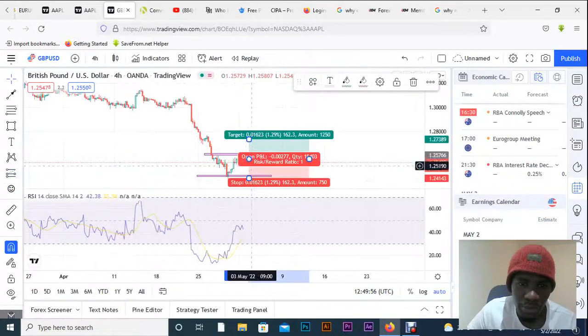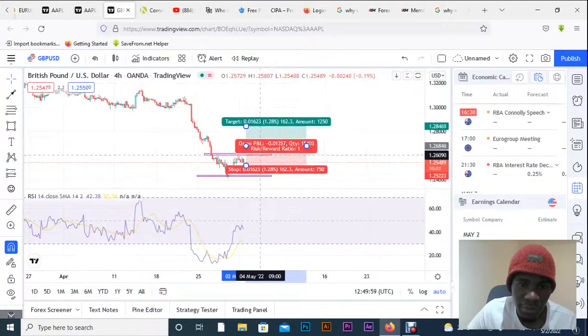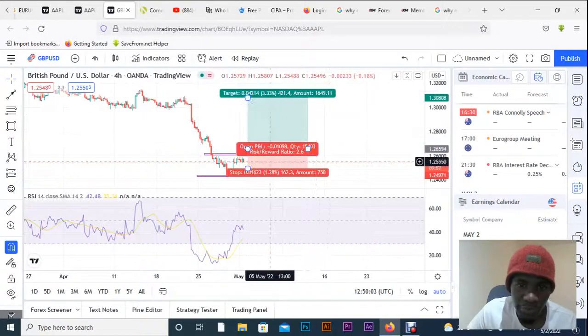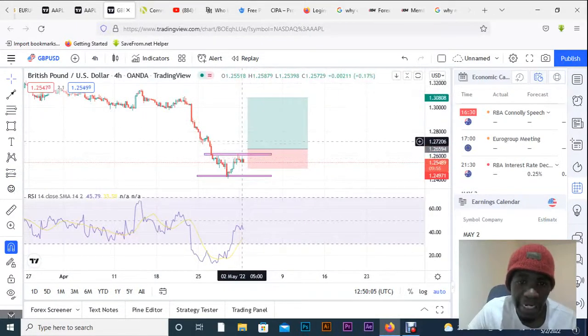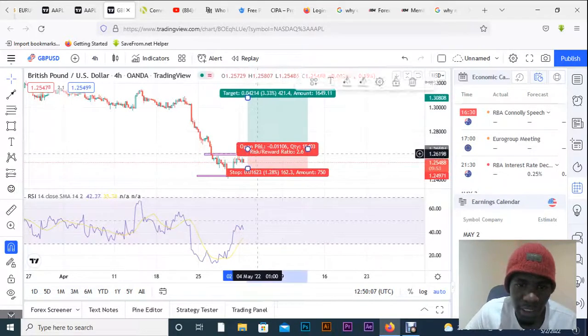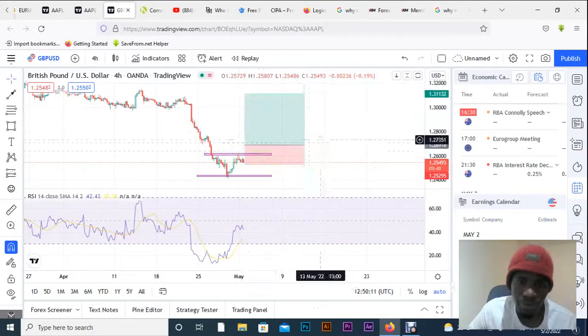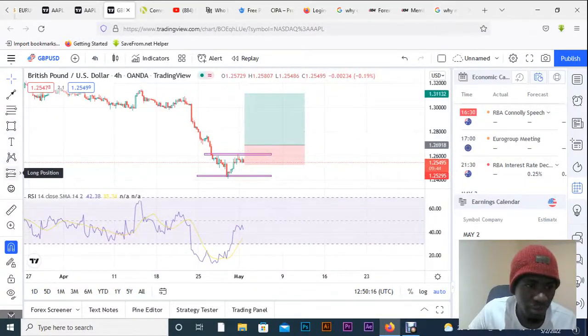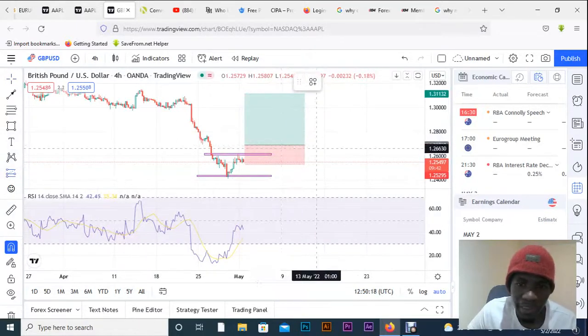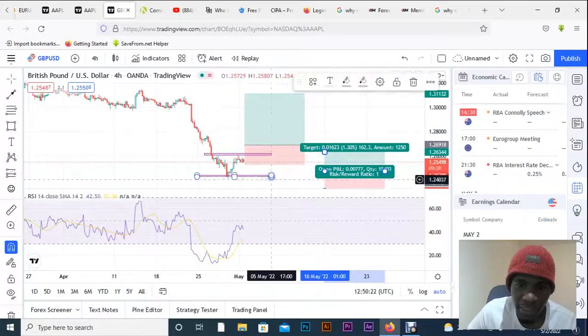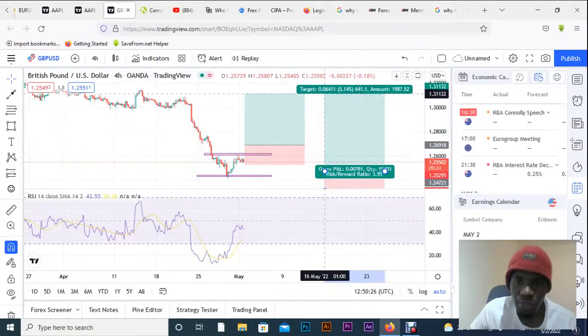Go long, guys, with the buy limit first. Buy stop all the way here in case the market breaks this structure, then the buy stop just above here, and our stop loss below the support. You can enter with a buy stop or a buy limit, looking at this resistance, this support, and then all the way there.